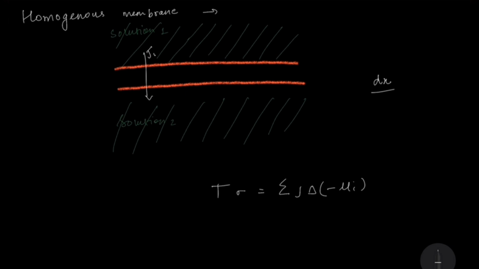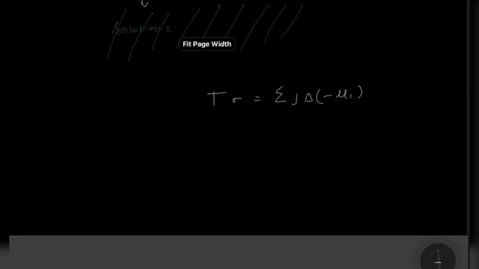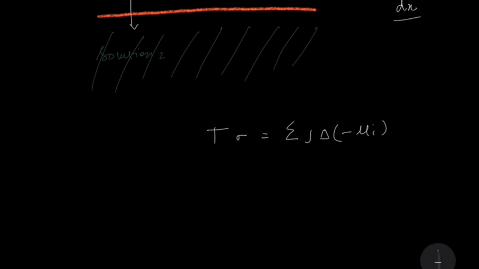The integral expression will be taken of this as phi. What is phi? It is written as a function, the dissipation function, which is to be calculated.